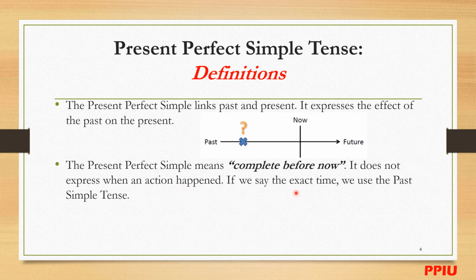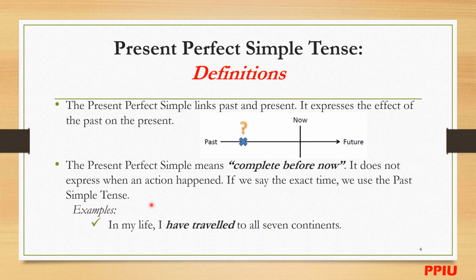If we say the exact time, we use the past simple tense. Whenever we do not know the specific time in the past, we use the present perfect simple. But when we know it exactly, we do not use the present perfect simple, but the past simple instead.